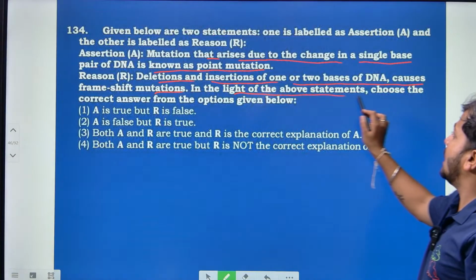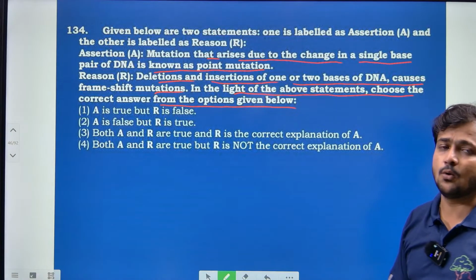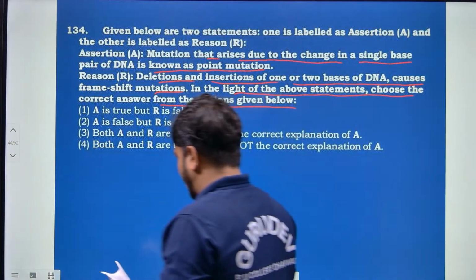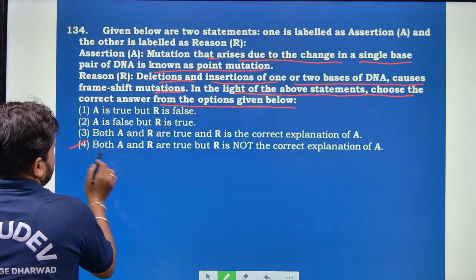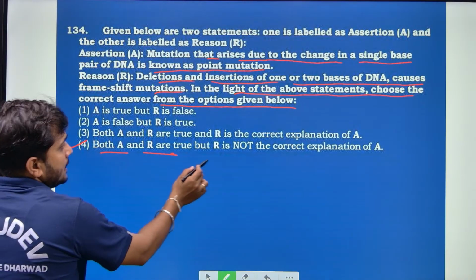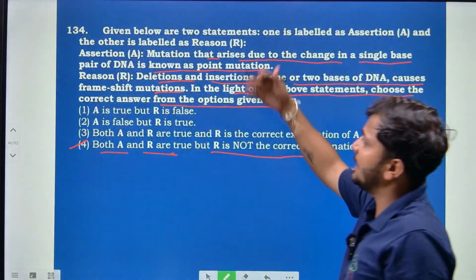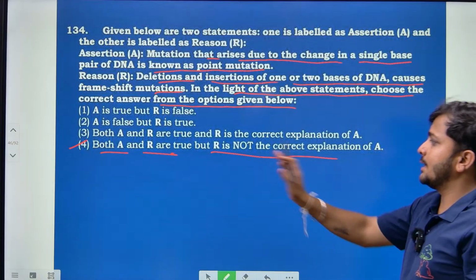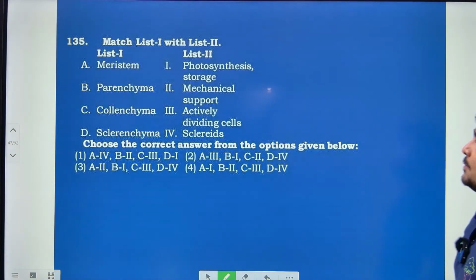In the light of the above statements, choose the correct answer from the options given below, right? So according to that, both A and R are true, but R is not the correct explanation of the assertion, right? So here option 4 is correct with respect to point mutation.